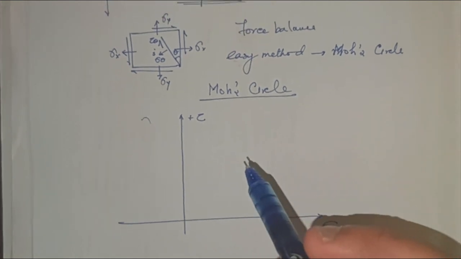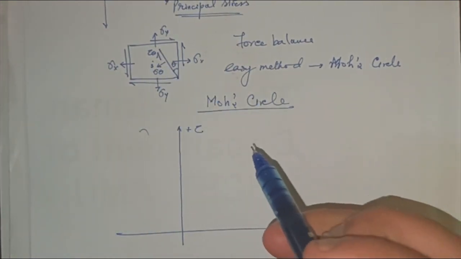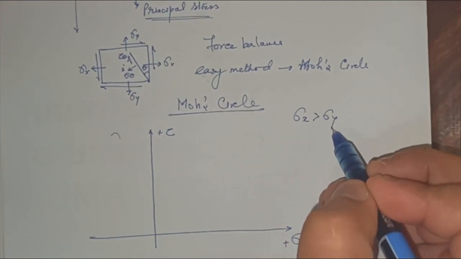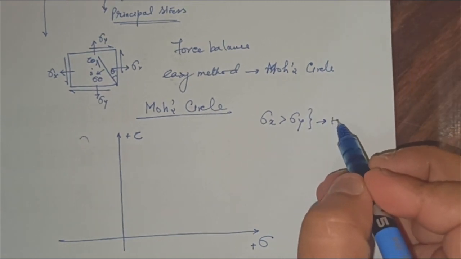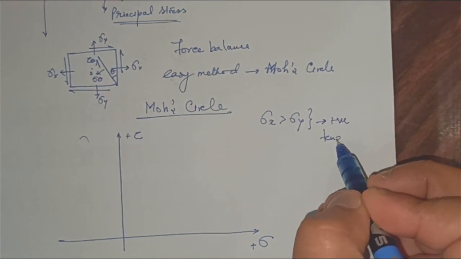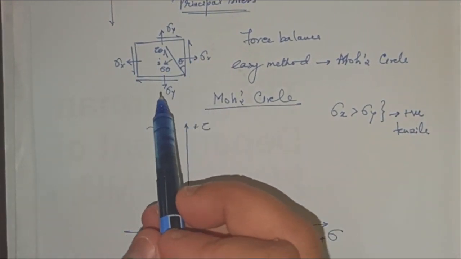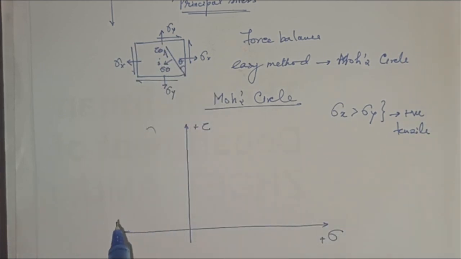So in this condition, there will be some values of sigma x and sigma y. For now, let's consider sigma x is greater than sigma y, and both of them are positive and tensile. That means this is a biaxial loading in both the directions, and both the stresses are positive.